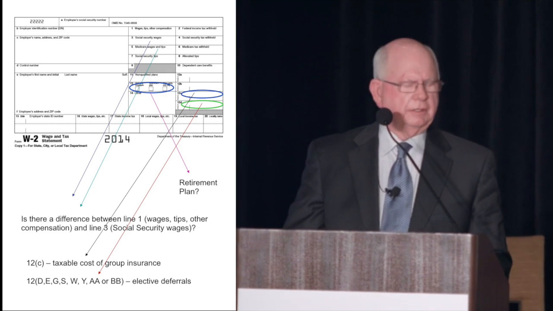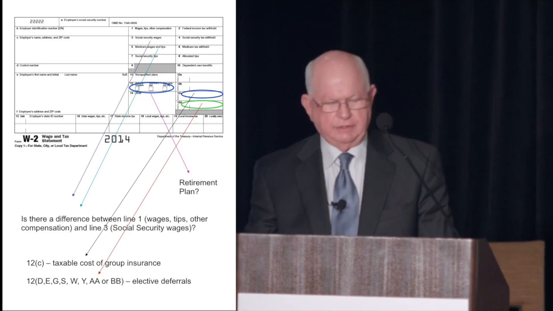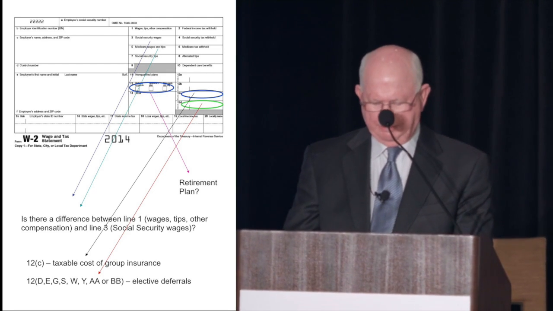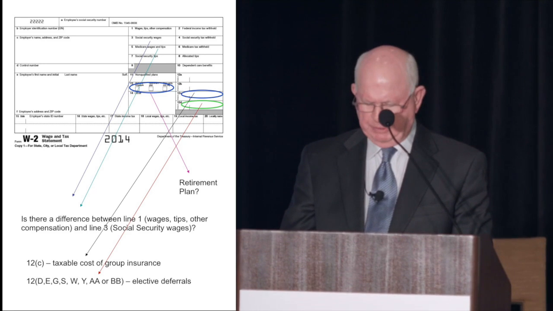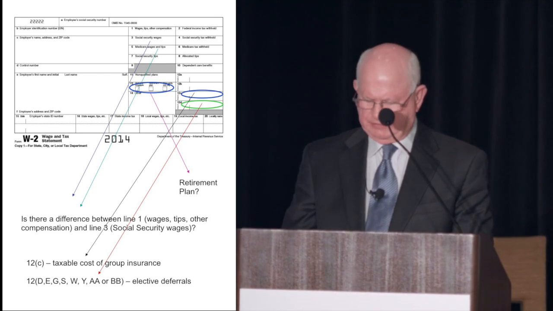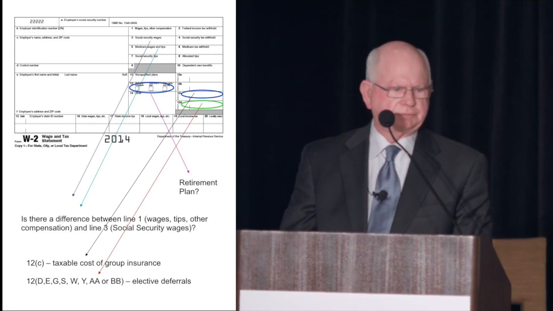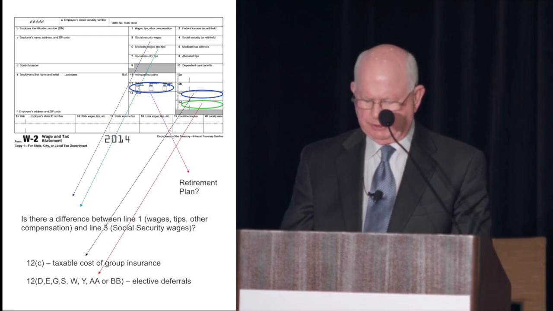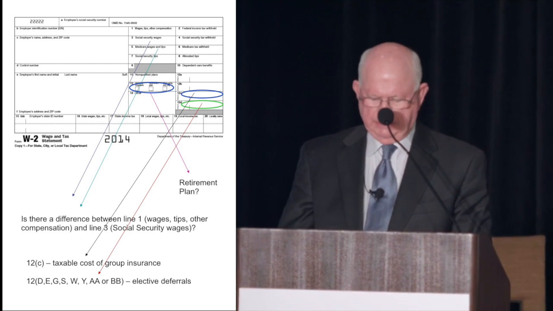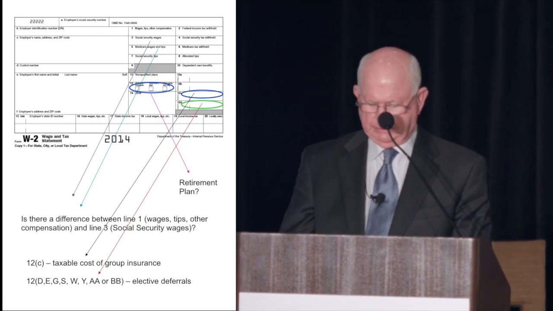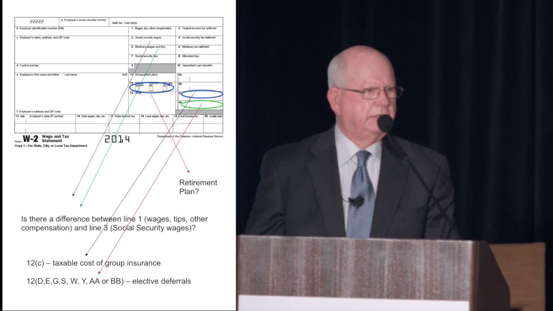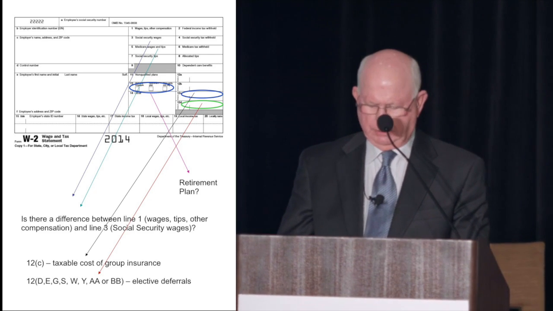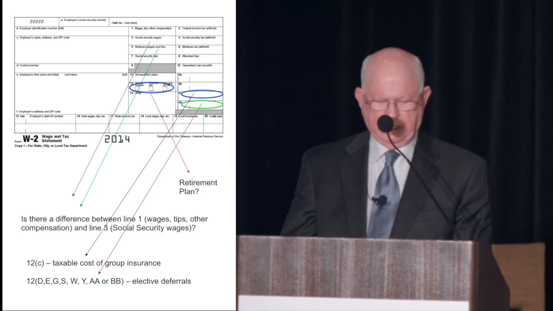A difference here indicates that a person is either a participant in a 401k plan, a 403b plan, and or a Section 125 plan. Box 11 indicates a distribution from a non-qualified deferred compensation or non-government Section 457 plan, which is included in income in Box 1 or Box 3 and or Box 5.